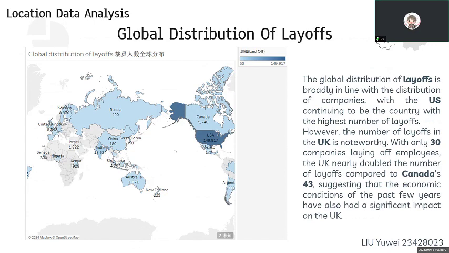However, the number of layoffs in the UK is noteworthy. With only 13 companies laying off employees, the UK nearly doubled the number of layoffs compared to Canada, suggesting that the economic conditions of the past few years also had a significant impact on the UK.